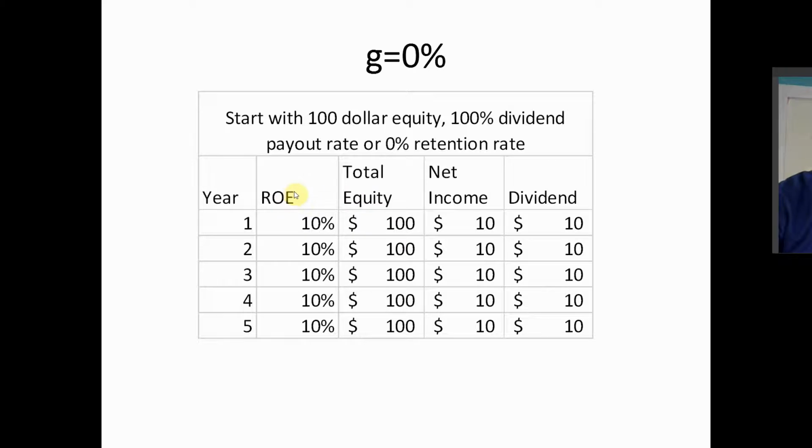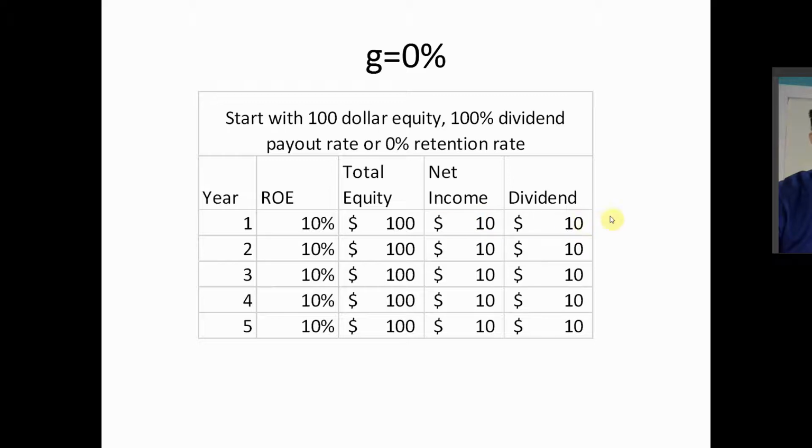So for each year, the company has the same earning profitability. So that's 10%. So with a total equity of 100 times 10%, the company would have a net income of $10. Okay, so total equity times return on equity, that's a $10 net income. That's the profit. And then the company just pays all the net income as dividend.